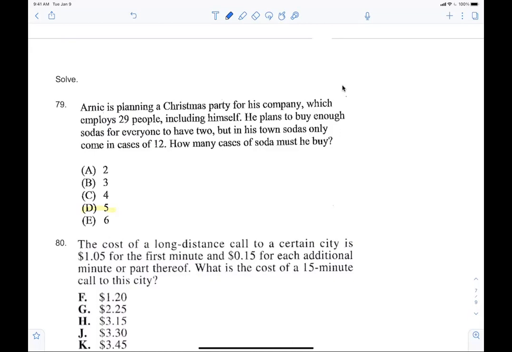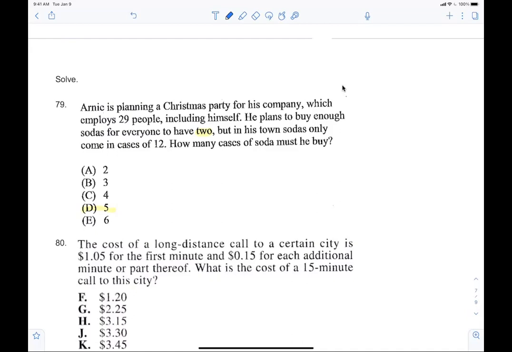All right. So there are 29 people, each person gets 2, right? Yeah. So how many sodas do they need to buy? 3. Because we need 3 cases because 12 times 3 is 36, but then 12 times 2 would be 24, so it would be enough. But you're not answering my question.